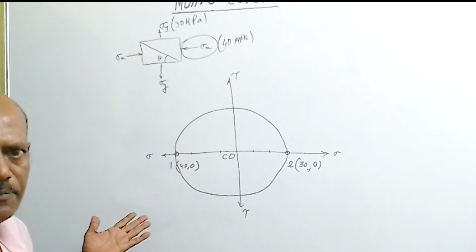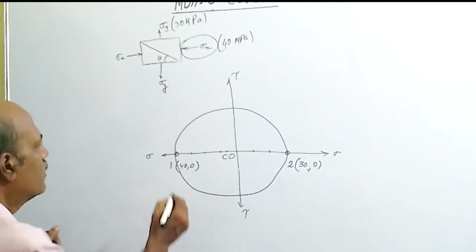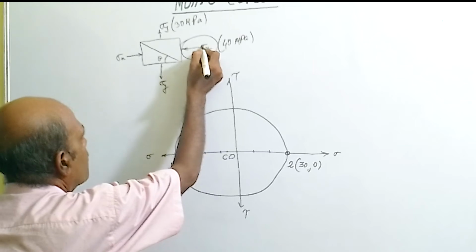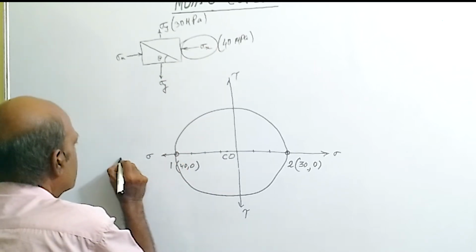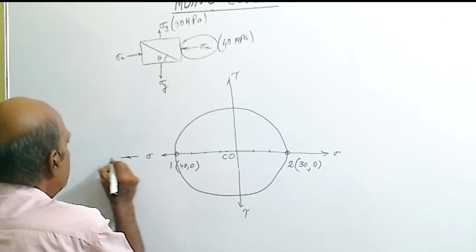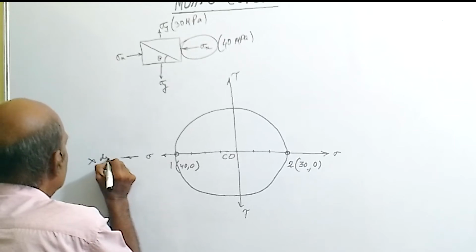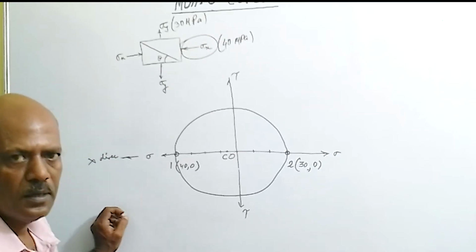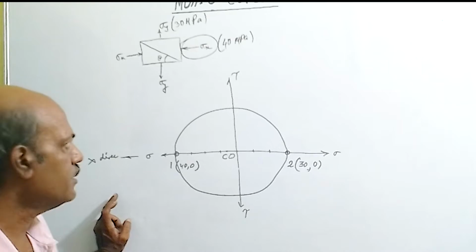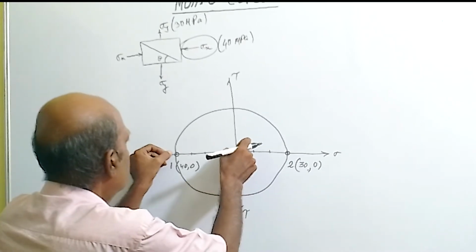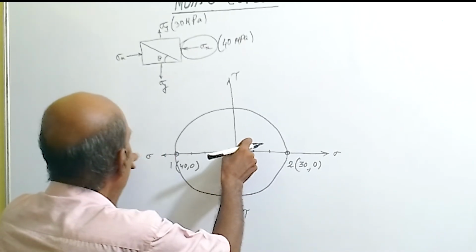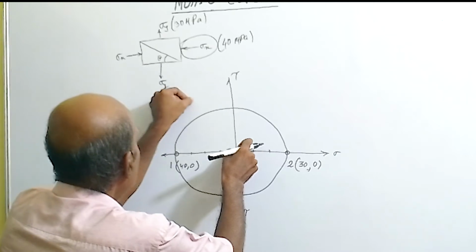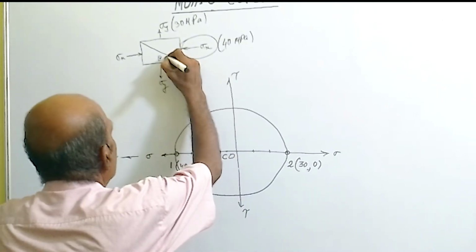Now the next step is to find the x direction. The x point is plotted here, so this direction also denotes the x direction. Now we have to rotate the x direction, from center to this point is the x direction. So we have to rotate this direction in the same sense.